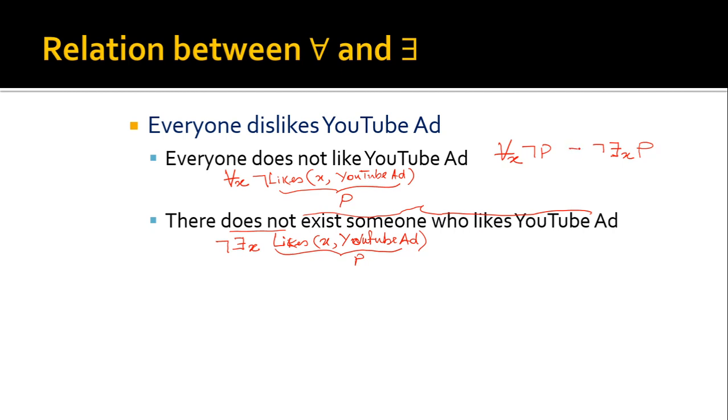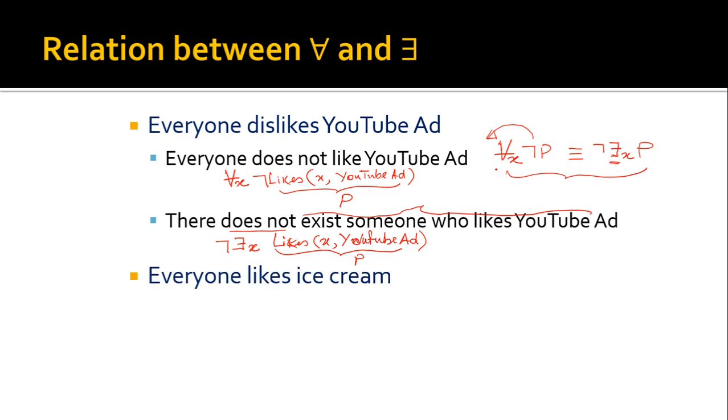So what is happening? We are moving this negation outward. As we move the negation outward, the universal quantifier gets changed to an existential quantifier like this. So you have an equivalence relation between the universal and existential quantifier like this.